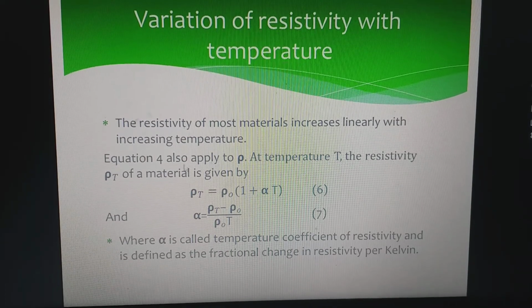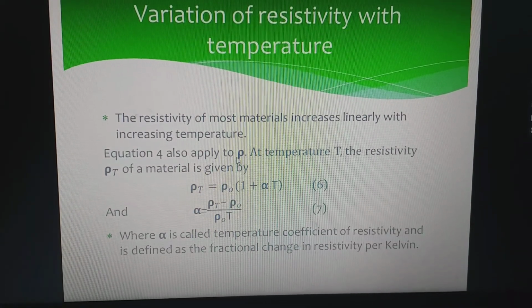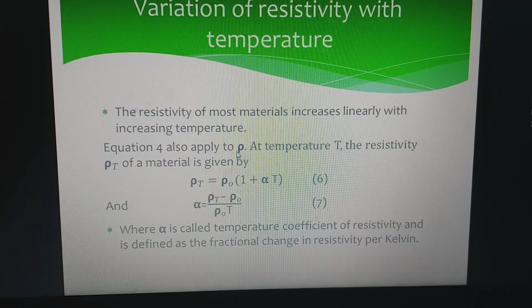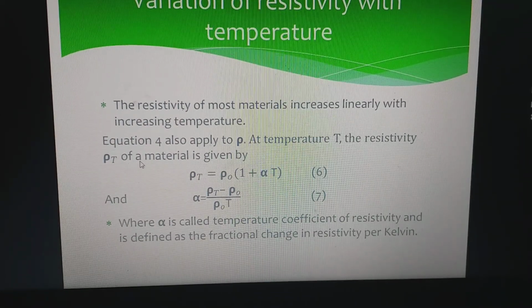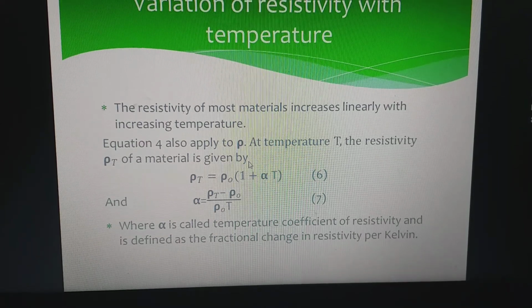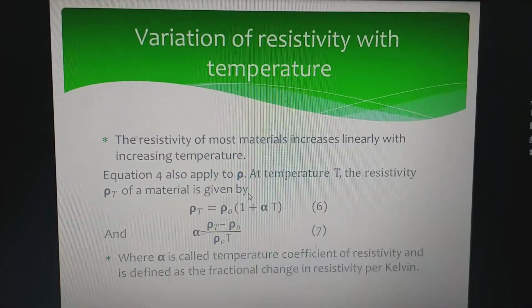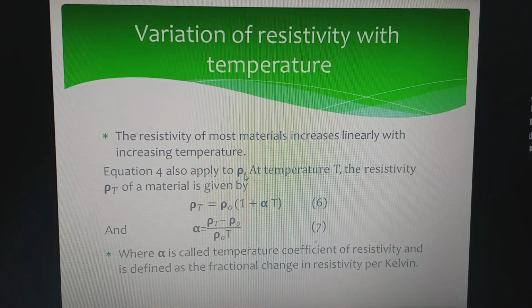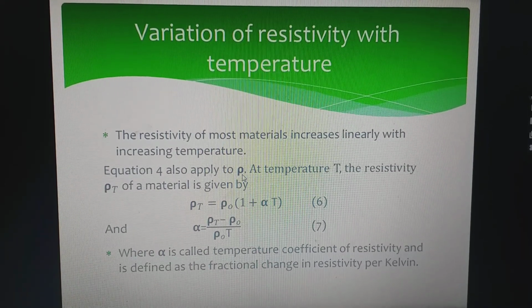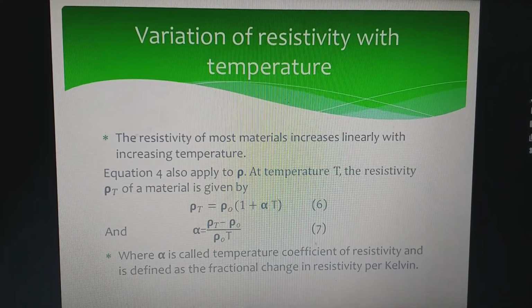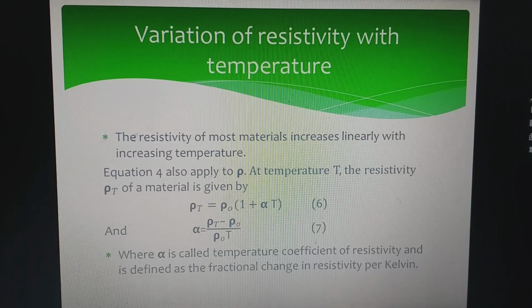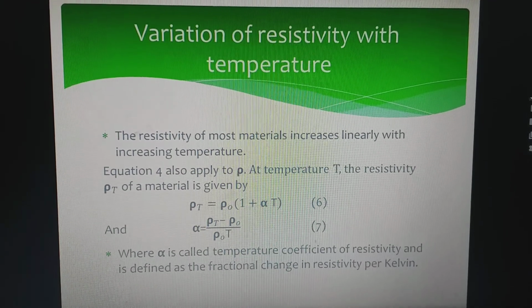So equation number 4 also applies to rho, that is resistivity or specific resistance. At temperature T, the resistivity rho T of a material is given by, so as in the previous topic, in case of resistance at 0 degrees Celsius, I told you the resistance is R naught. Similarly here at 0 degrees Celsius, the resistivity is given as rho naught.